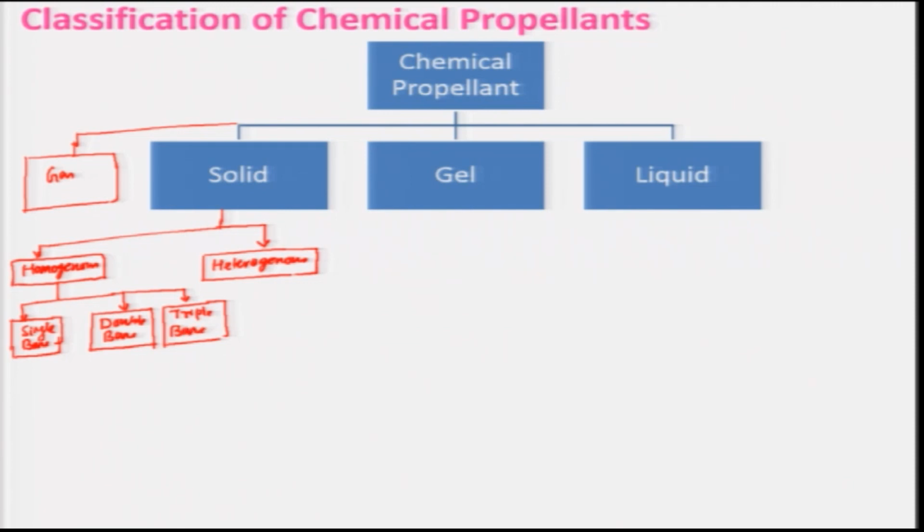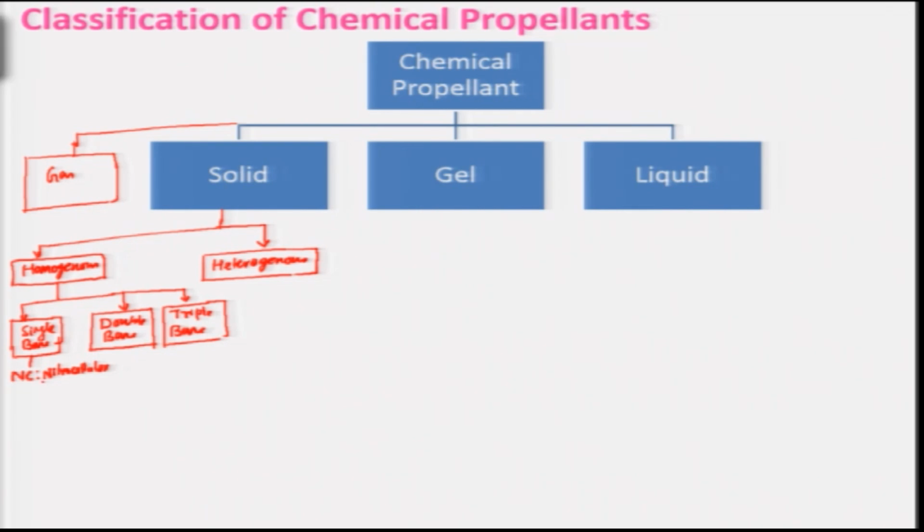Single base, for example, is nitrocellulose, which we call NC.